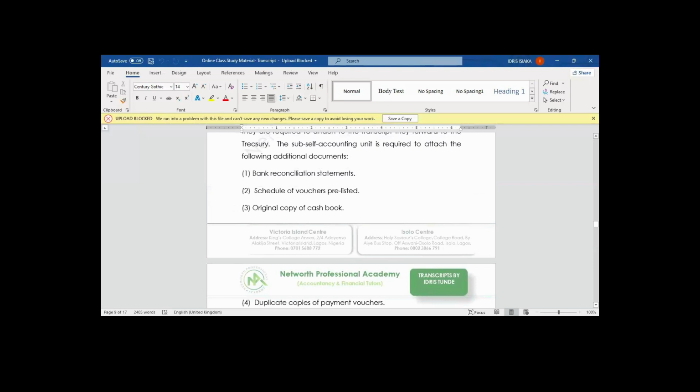Ministry of Health transcript, Ministry of Finance transcript, Ministry of Works transcript: it is the Accountant General that will compile all the transcripts of the ministries together to become one transcript.